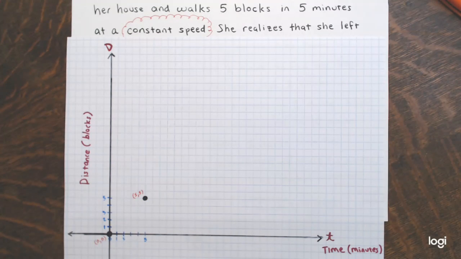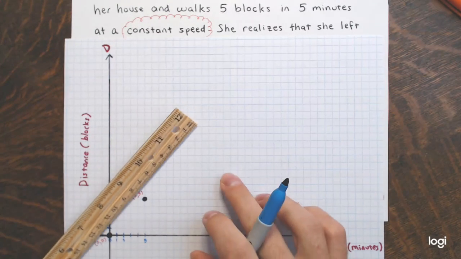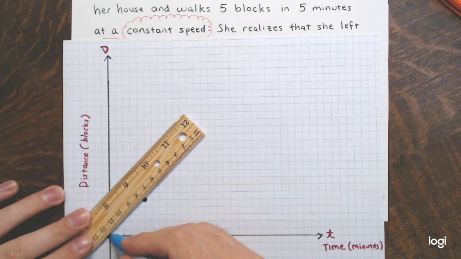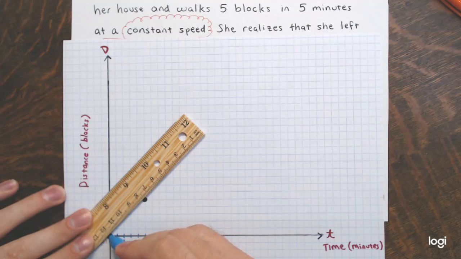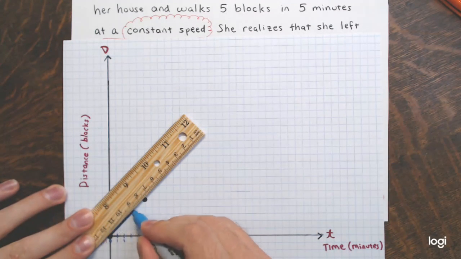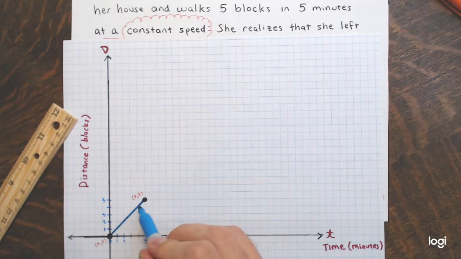Now whenever they say constant speed, if I'm moving at a constant speed, on a graph that'll usually be represented by a straight segment, right? So no crazy curves, just a straight line. I started here at home and I went 5 blocks in 5 minutes, just a nice straight segment.